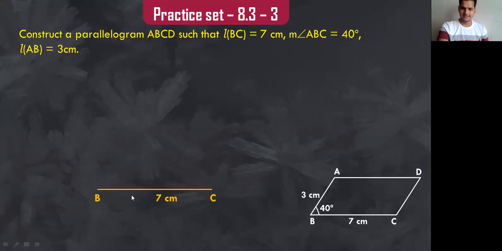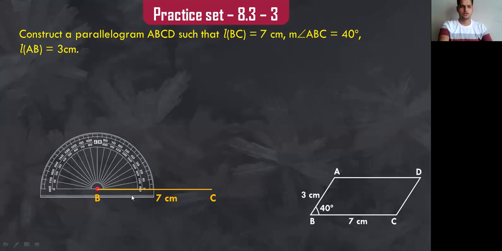Now, on segment BC, if you look at the analytical figure, we know about angle ABC, which is 40 degrees. So let us mark an angle of 40 degrees with the help of a protractor.